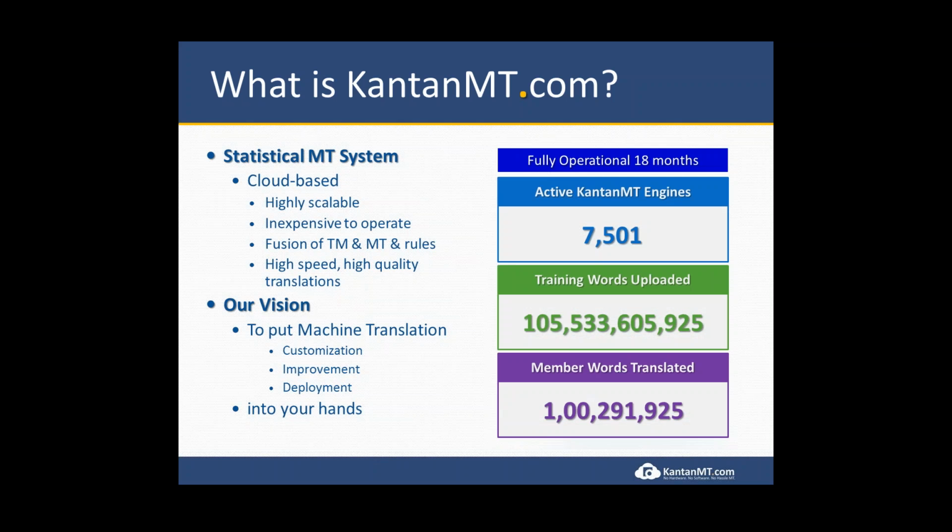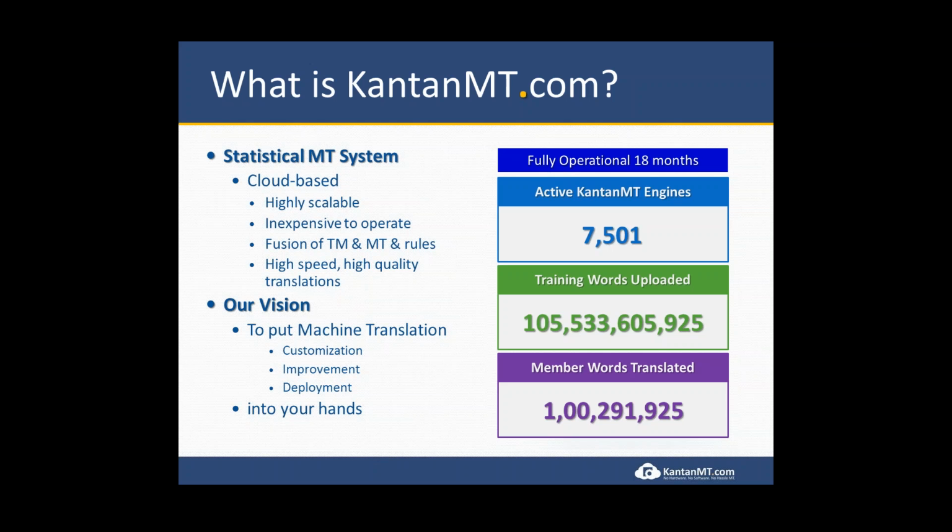Now, we've done a huge amount of work in the last 12 months. In fact, so far on the Kantan platform, there are 7,500 engines built, not by us, by our clients, the Kantan community worldwide. So far, they've uploaded 105 billion words of training data, which is a phenomenally large amount of data. And that's just counting the source words. It's not counting the target words.